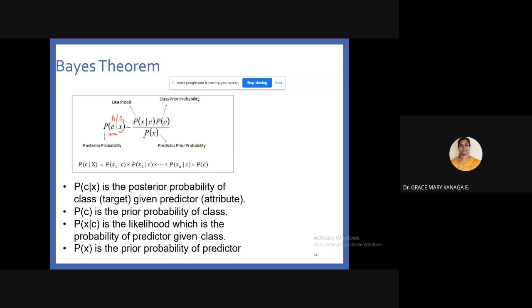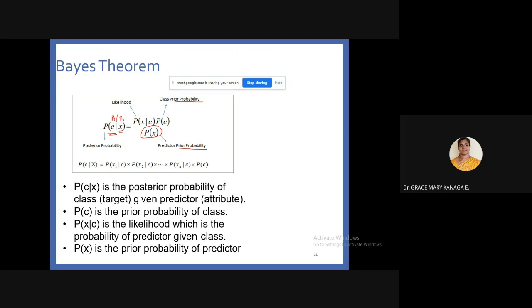If you calculate the probability, that is the prior probability. Here also this is prior probability, and we wanted to predict this class, so this is class prior probability. Based on X only we are going to predict this class C, so this is the predictor probability, and this is the probability of likelihood.